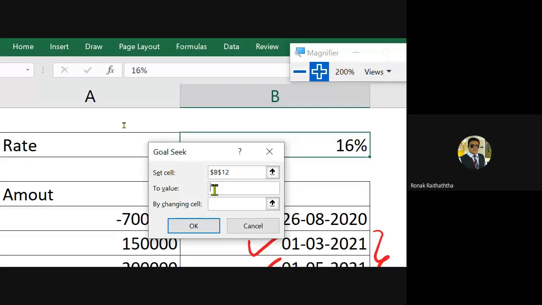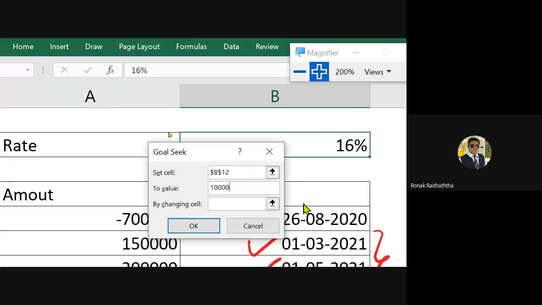Then Excel will ask me, in that cell, what value do you require? Can someone tell me what value we require in the second box? Plus 10,000. Absolutely correct. So we require 10,000 there, right? So I'm writing 10,000 there.